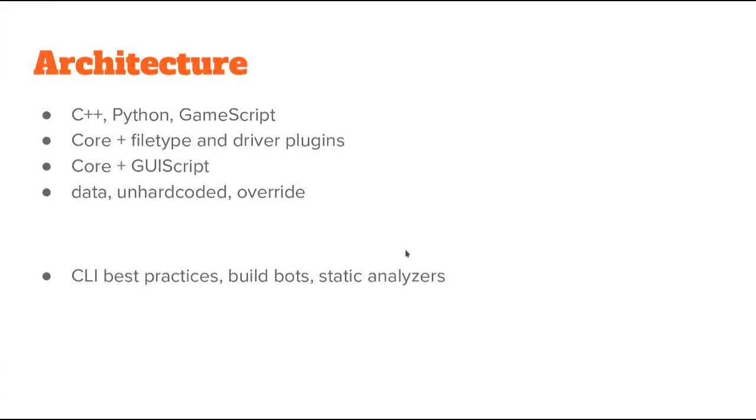GemRB is written in C++, that's the core of the engine and most of the plugins, but then we also have a plugin for the Python bindings. I guess the original engines used a bit of Lua, not sure why, but we use Python to really create the graphical user interface.